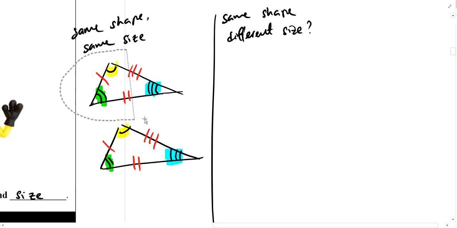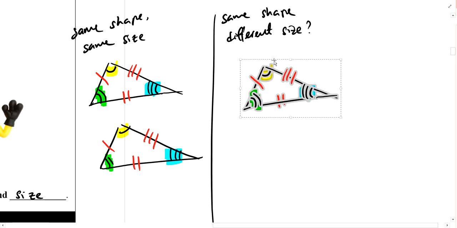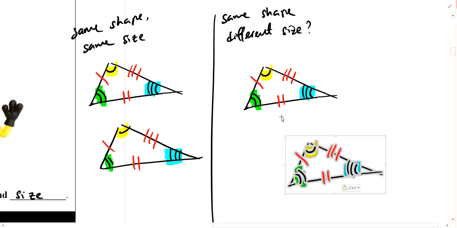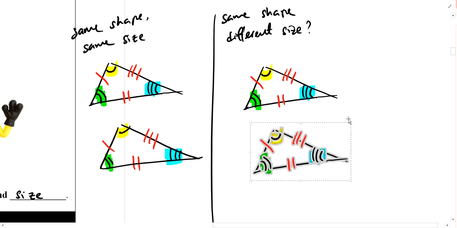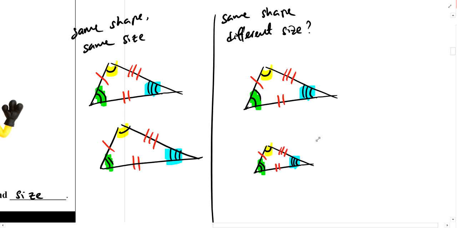Copy. Paste. Okay. Now this triangle versus, see, it's the same one. I'll make it smaller.